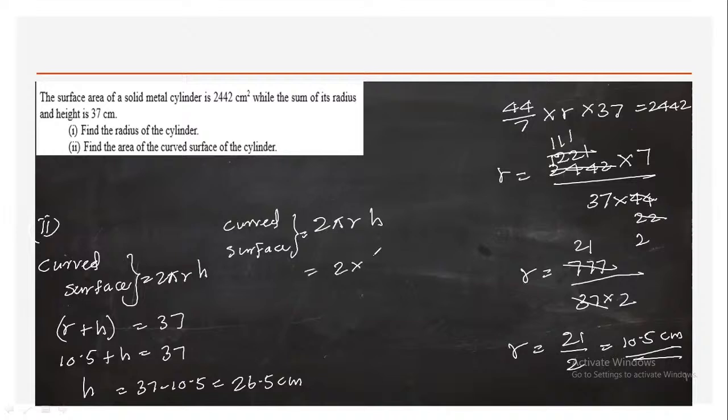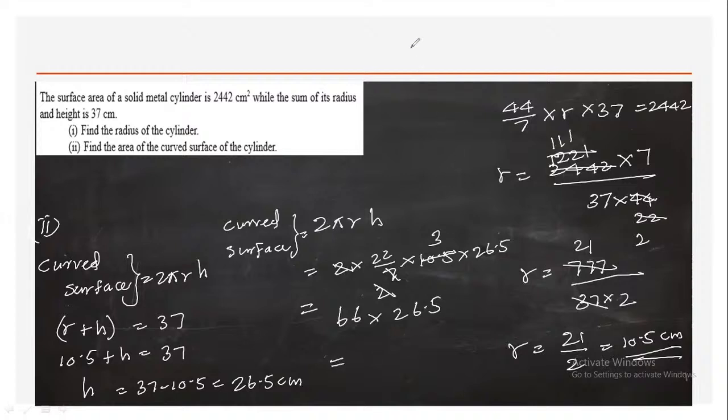Then 2 into 22 over 7 into radius 10.5 into height 26.5. Multiply all this. Cancel out. How many 3 points? 5, 4, 7, 2. 10.5, there are 3. Divide from these two. Cancel. 22 into 3, 66. 66 into 26.5.